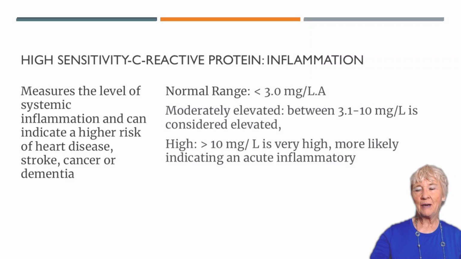Remember that HSCRP can be elevated for acute inflammation events like viruses, things like bronchitis, or if you have rheumatoid arthritis, which is going to cause high levels of inflammation in your body.